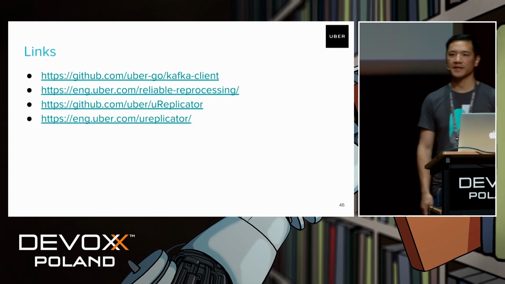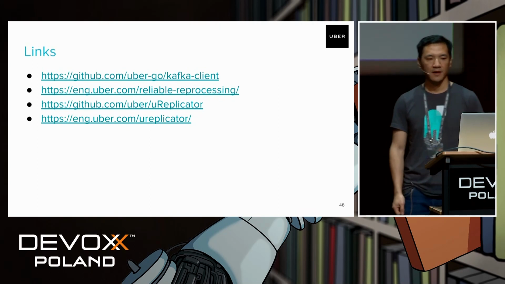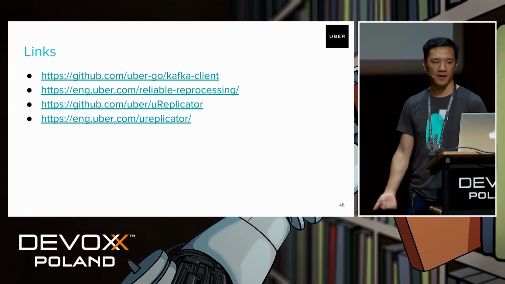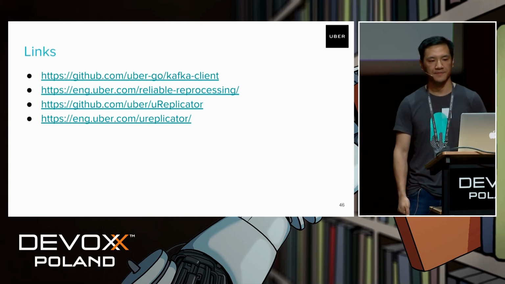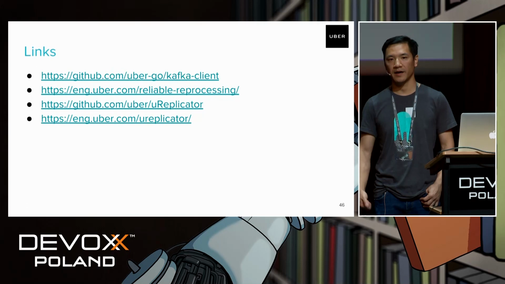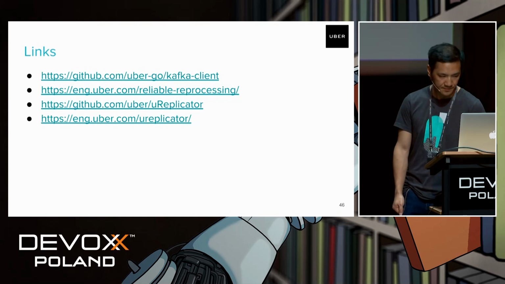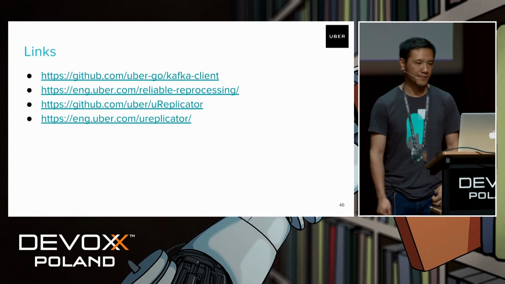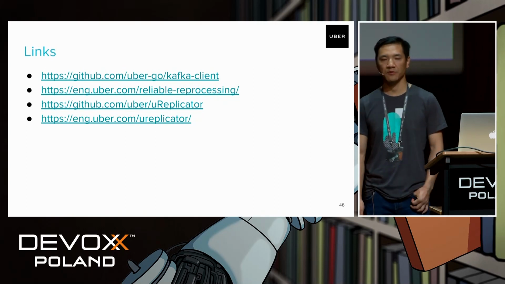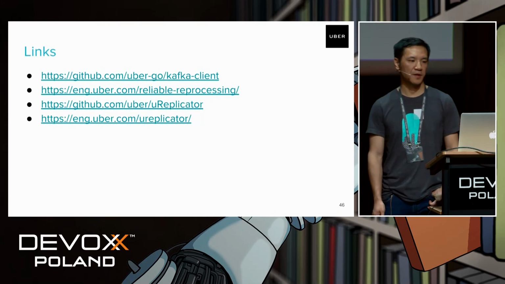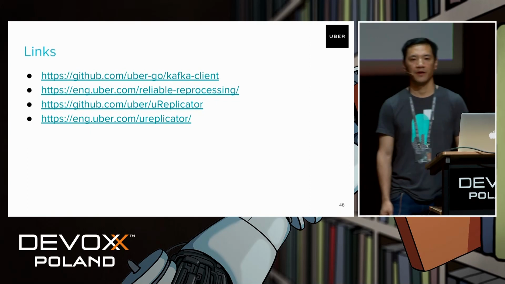Here are a bunch of links to some of the things that we mentioned in the previous slides. First one is a GitHub repo for our Go library, which provides the nack or redelivery and dead letter queue support. Second link is actually an engineering blog that was written by one of the users. It's actually a very common pattern that people want reliable redelivery.